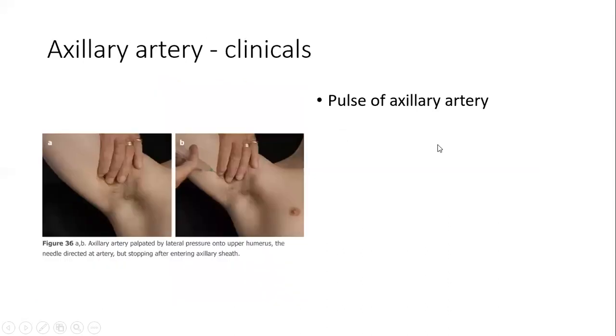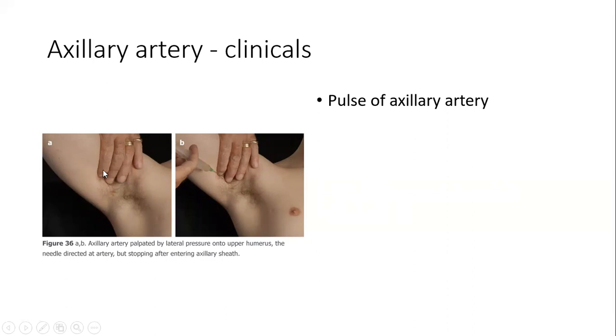Pulse of the axillary artery is important for a student. A student of medicine must know how and where to palpate different major arteries on the human body. So, where would a doctor palpate the pulse of axillary artery? You can palpate the axillary artery in the region of axilla, just over the inferior aspect of the lateral wall of axilla.